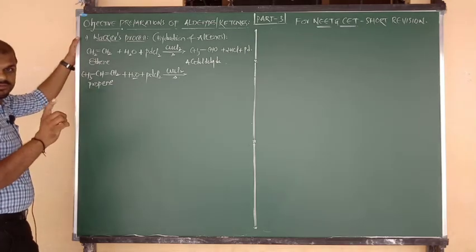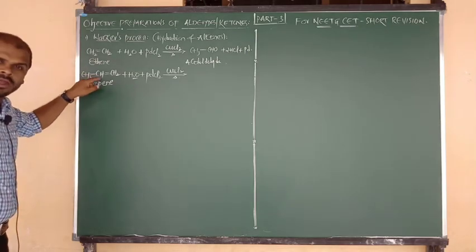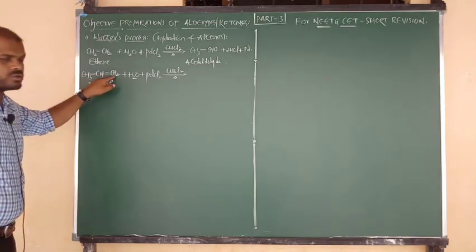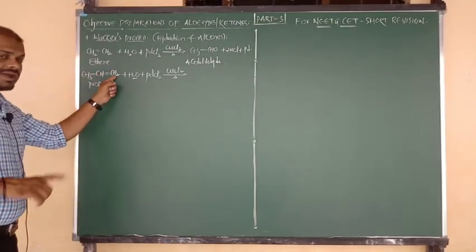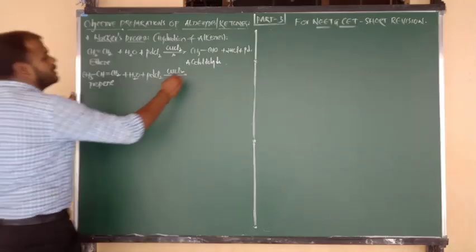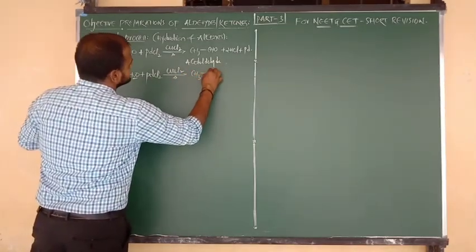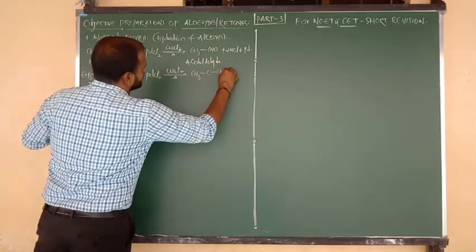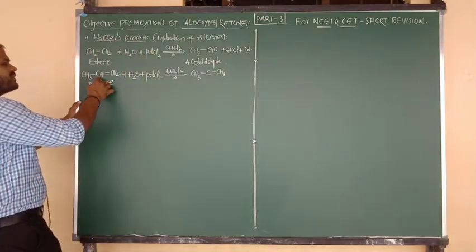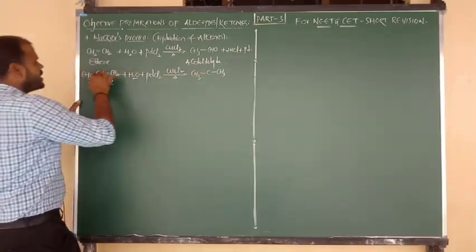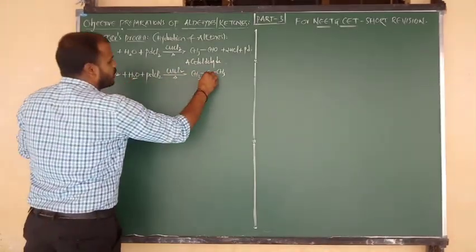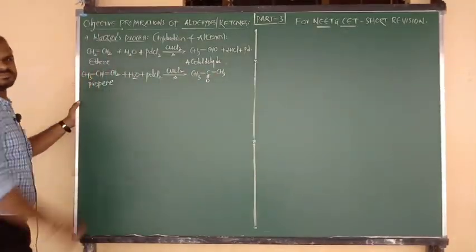Again the same thing, listen carefully. The central carbon contains one hydrogen, and that hydrogen shifts towards the CH2. Left is CH3, and after shifting of hydrogen, on the right also you are getting CH3. So I am going to write CH3 bonded to C, again bonded to CH3. After shifting of such hydrogen, CH2 becomes CH3, CH becomes C. Now the central C upon hydrolysis is attacked by oxygen.